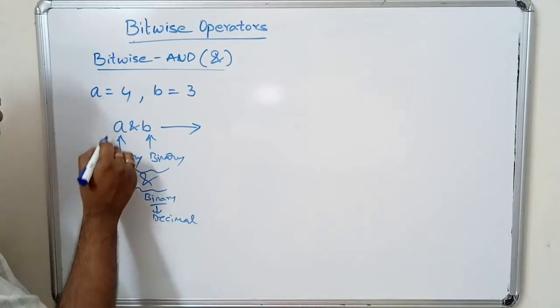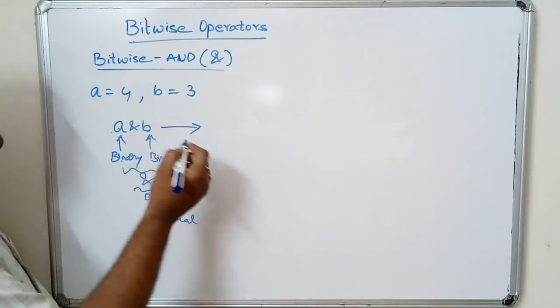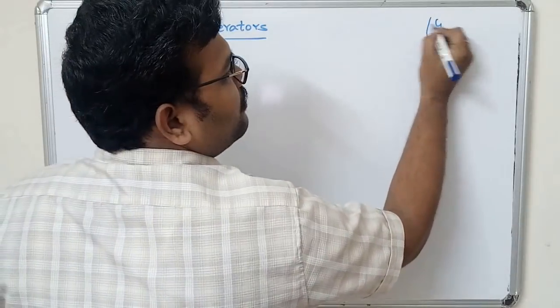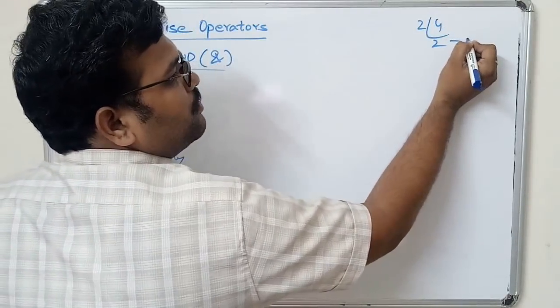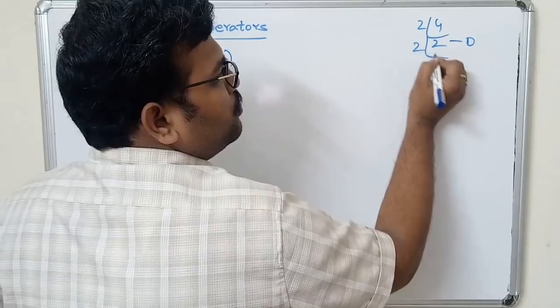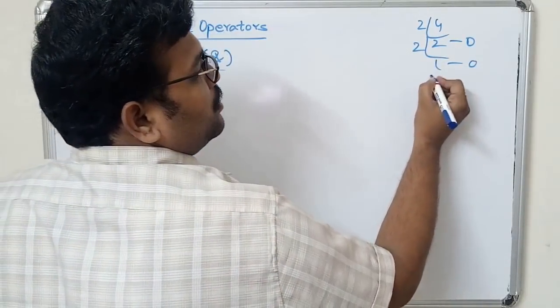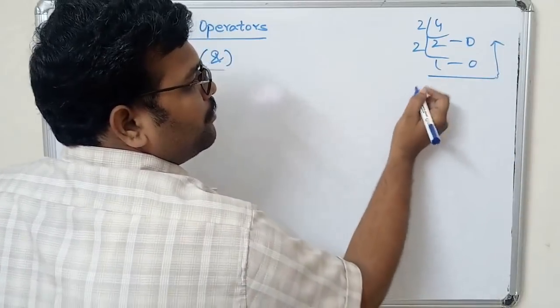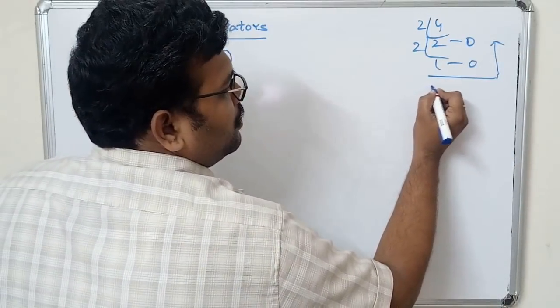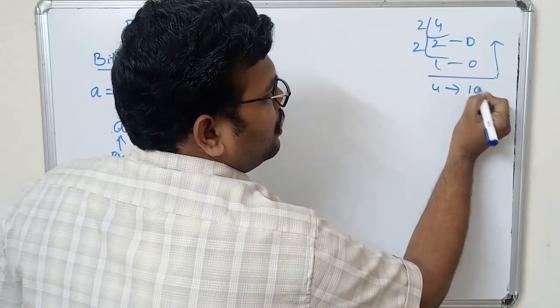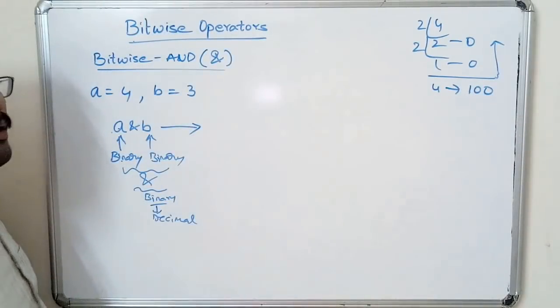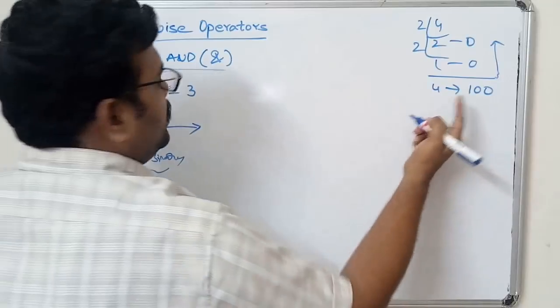So first step is we have to convert the A value into binary. So 4 is converted into binary: 2s are 1, 0. The remainders are 0, 0, 1. So from bottom to top, we can have 4 as 1 double 0.